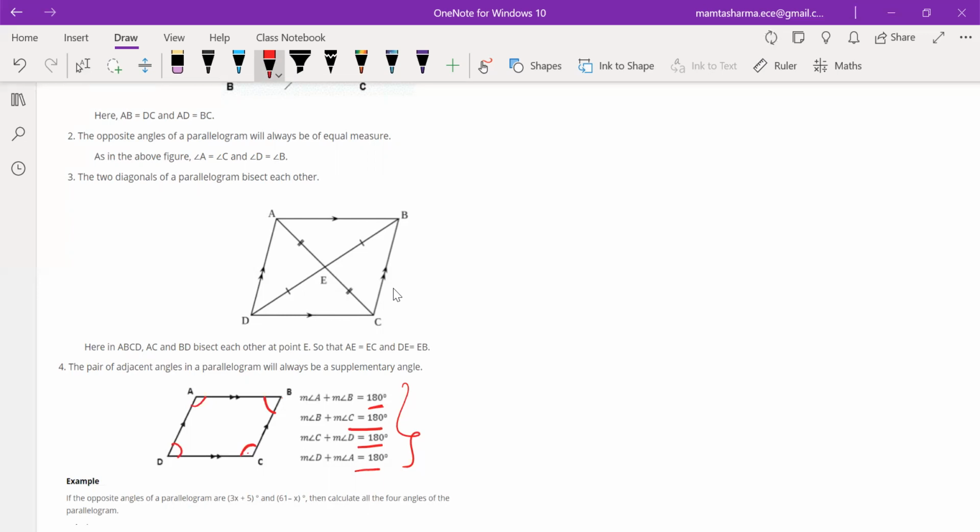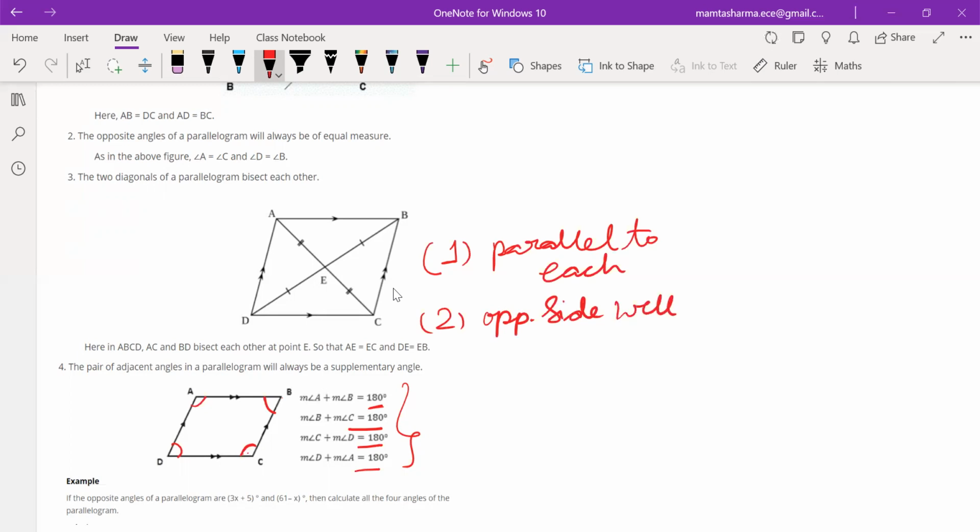So we can say there are three properties for a parallelogram: opposite sides are parallel to each other, and opposite sides will be of equal measure.